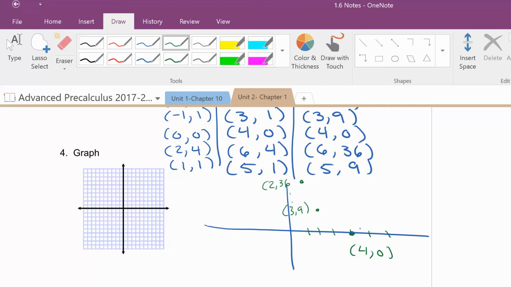And then I have, gotta move those over a little bit. Then I have 5, 9 here, and 6, 36 up there. And that would be my parabola. If you have graph paper, you can space it a little better. I just didn't want to use this small graph.